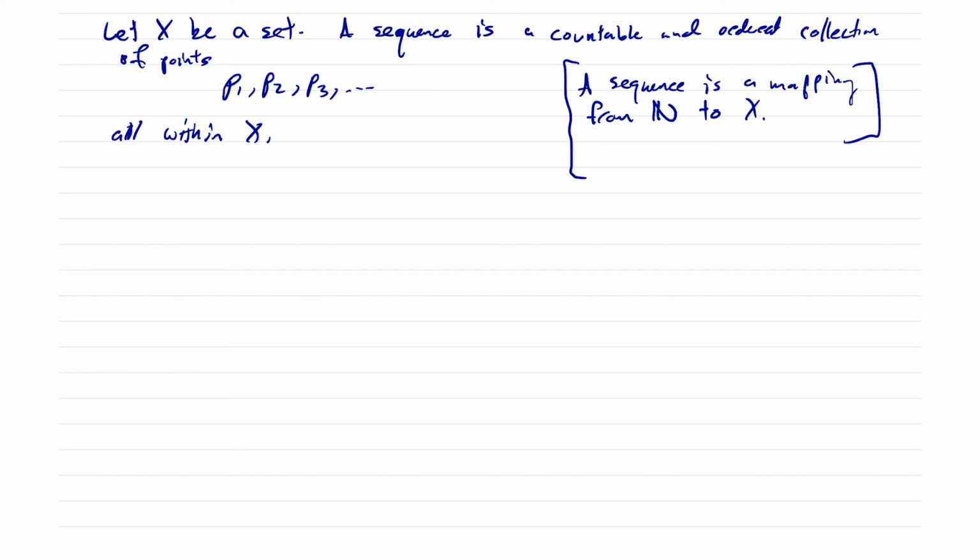We can think of it just as what we usually do in Calculus 1, where we denote the sequence as, say, the set of Pn, where n goes from 1 to infinity, or wherever we want to start. And so yeah, that's the sequence.